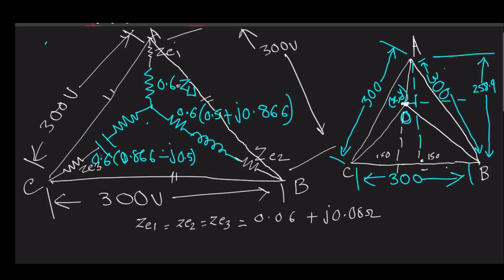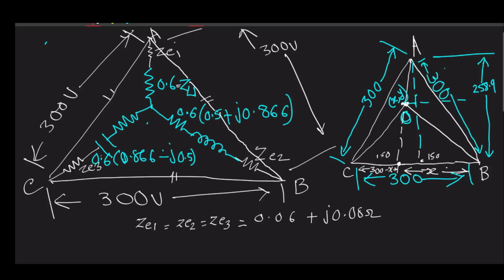Now if you consider the projection of point O on this BC line, let us consider that point is x units away from point B, and obviously from point C it will be 300 minus x, right? So 300 minus x.